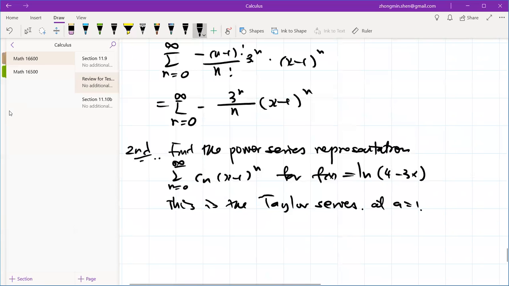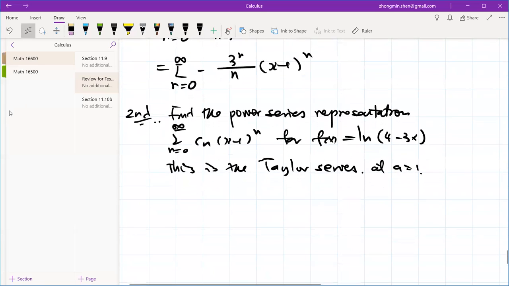And there is a theorem in the book that guarantees that. This is the Taylor series by the theorem. I have to mention it because there's no name for the theorem.